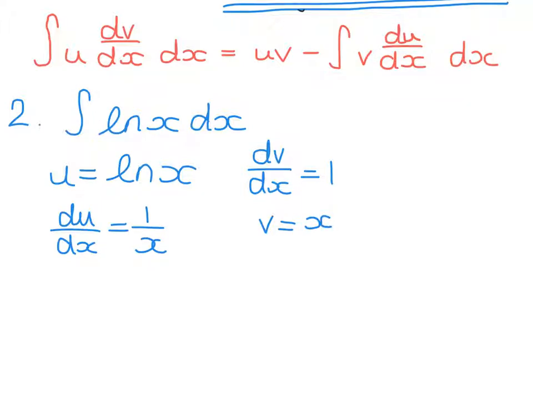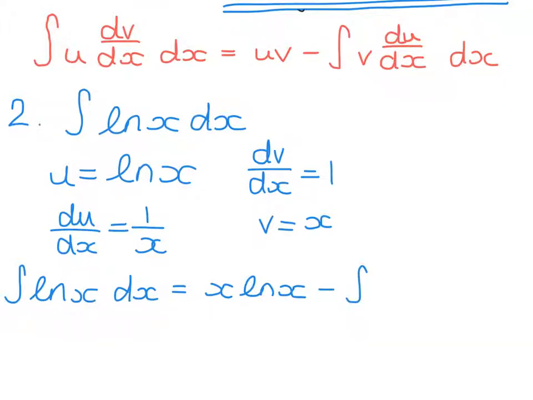We can then put these values into the formula above, so we get that the integral of ln x dx equals u times v, so x times ln x, minus the integral of v times du by dx, which in this case is x times 1 over x, so just 1 dx, which gives us our final answer of x times ln x minus x plus c.